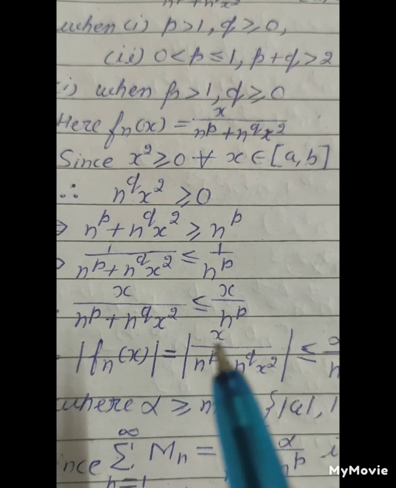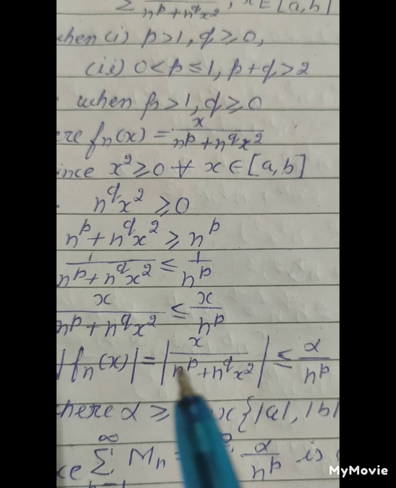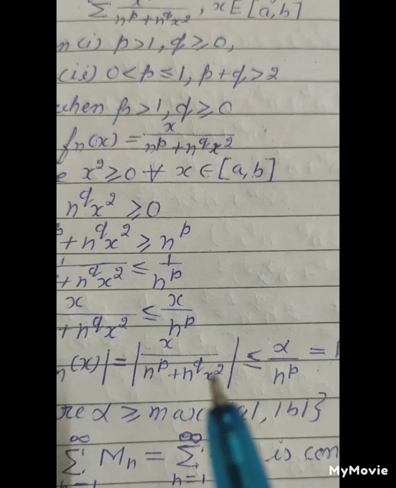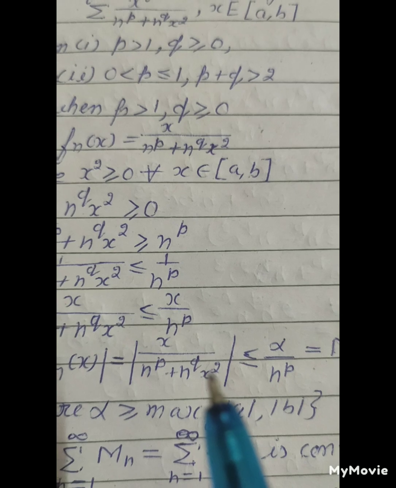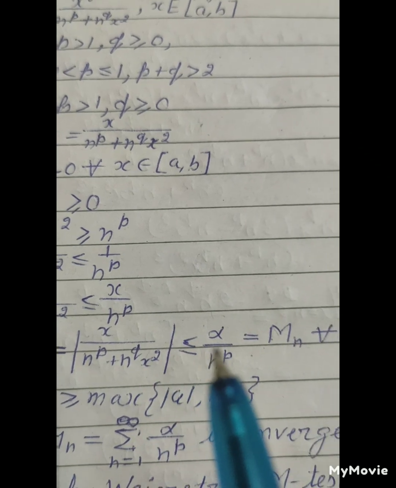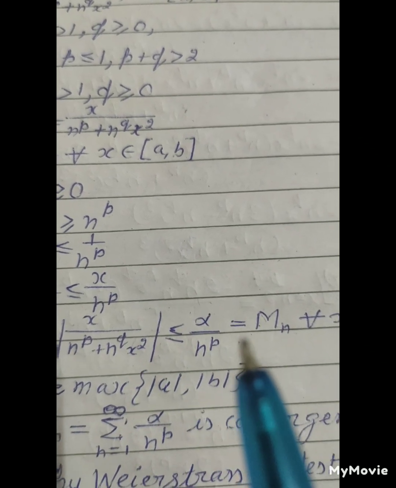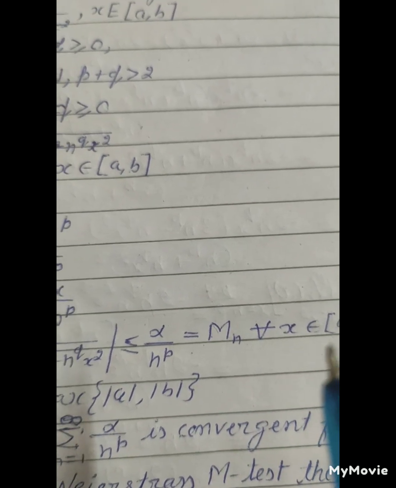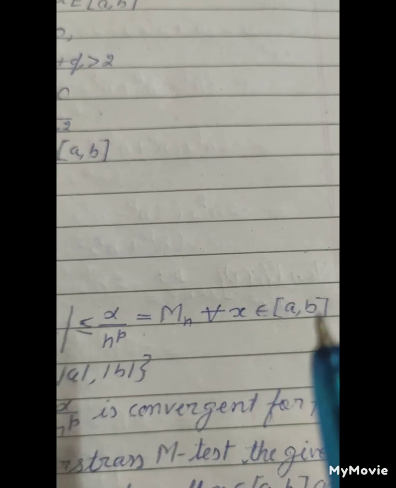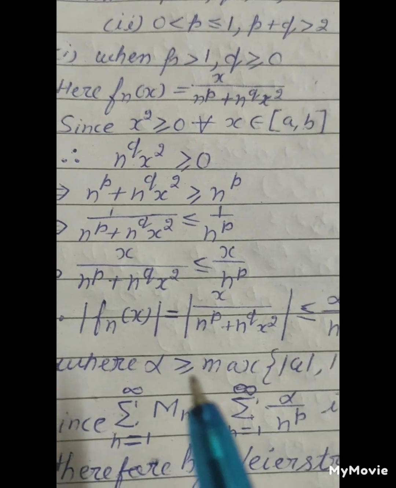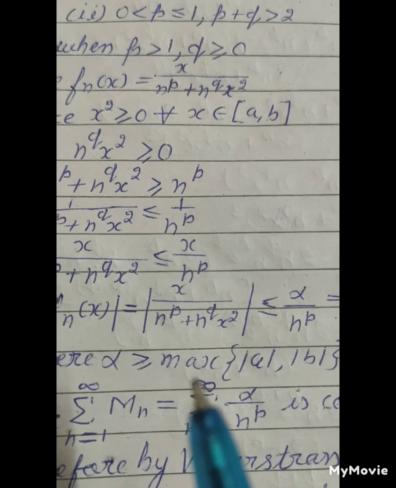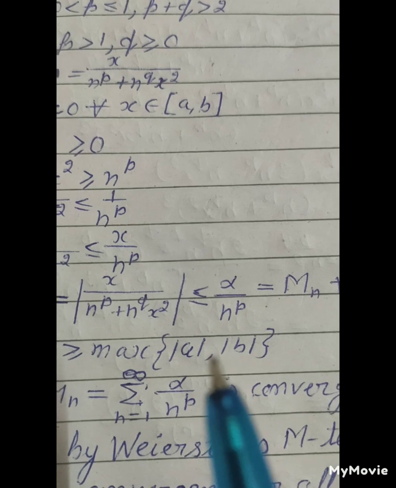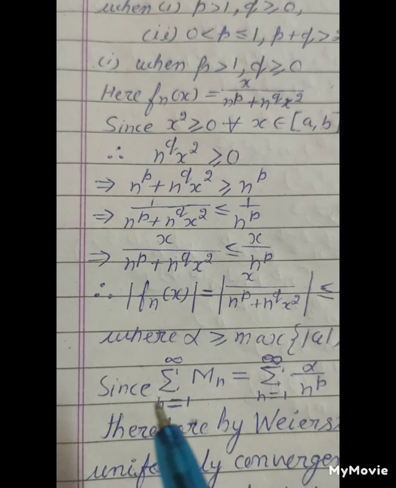So modulus of f n x equals modulus x upon n raised to power p plus n raised to power q into x square is less than or equal to alpha upon n raised to power p equals Mn for all values of x belongs to closed interval ab, where alpha is greater than or equal to maximum of modulus alpha, modulus a and modulus b.